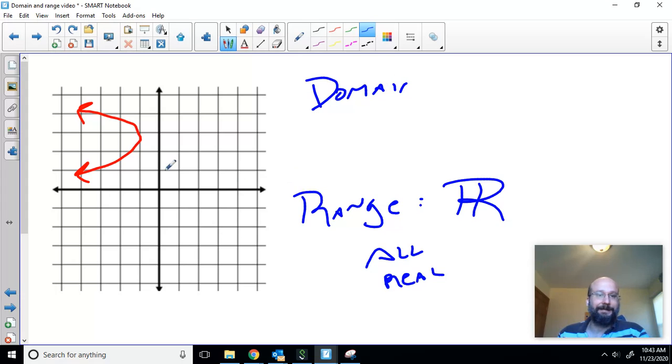I got to look at my X and see where it starts. It starts here. This is at -1. It starts at -1 and the arrows go to the left. And the left, these numbers over here are less than -1. So that means my domain is X is less than or equal to -1.